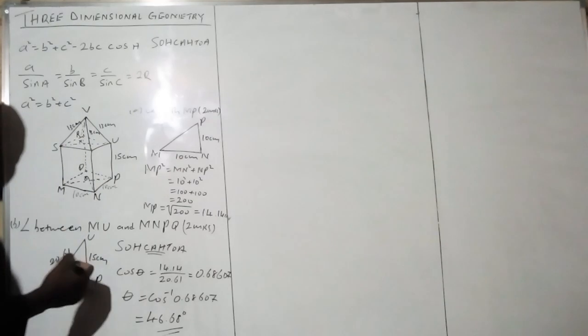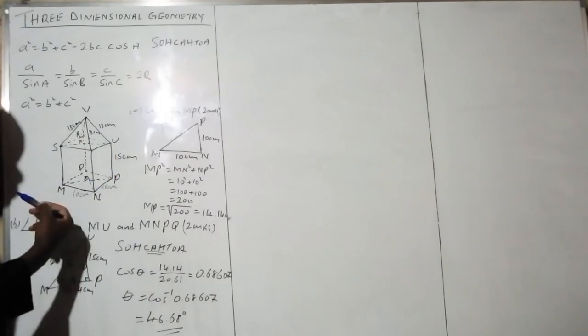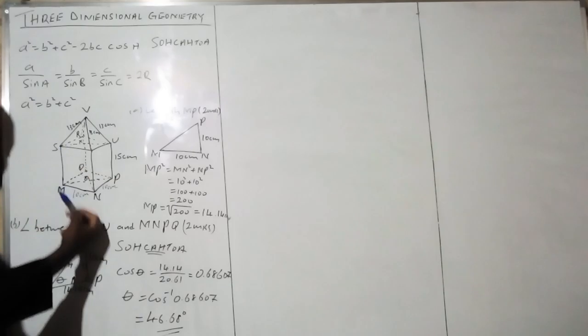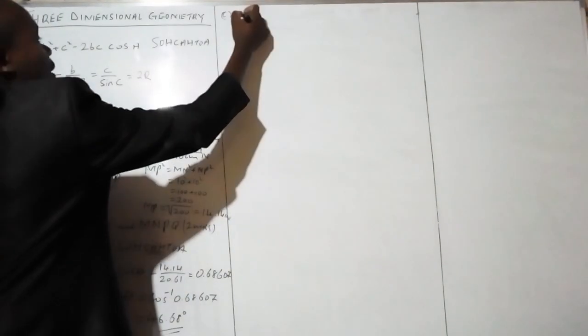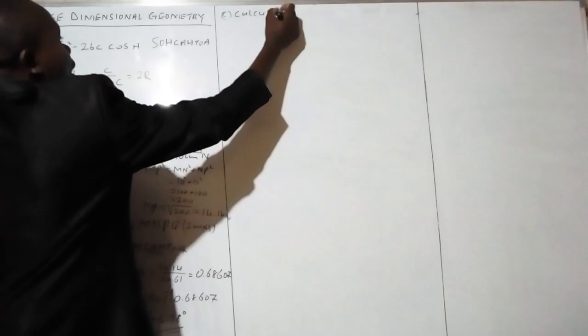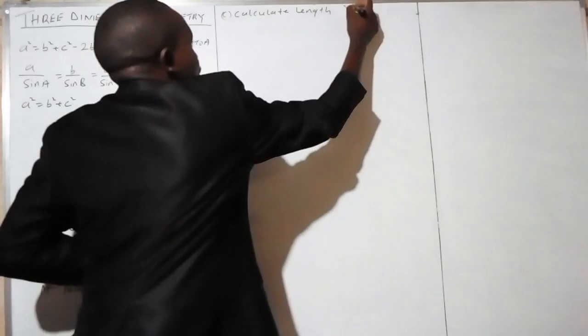UP will be equal to XO, which will be equal to SM, that is 15. This is how we are going to handle it. The examiner wants us to calculate length VO, and these are 3 marks.